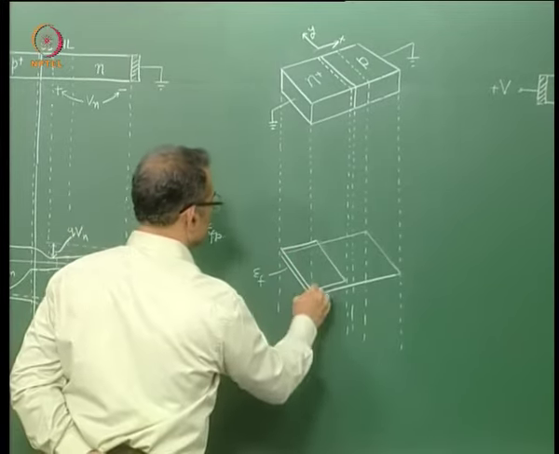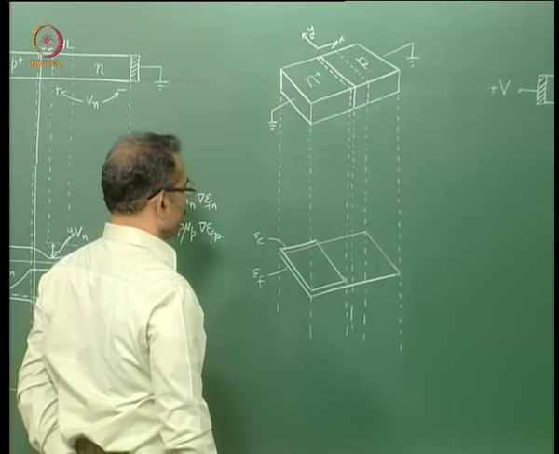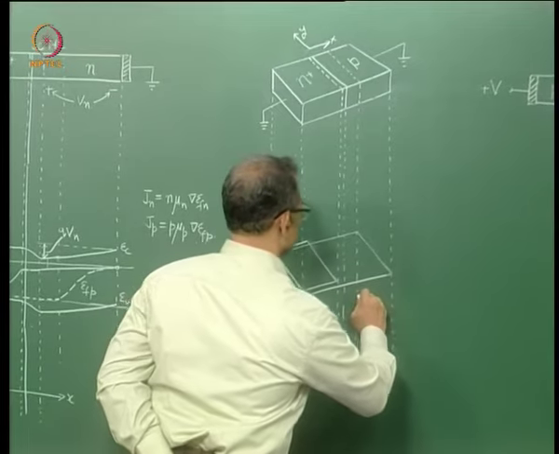So this is EC in the neutral N side, EV on the neutral P side.